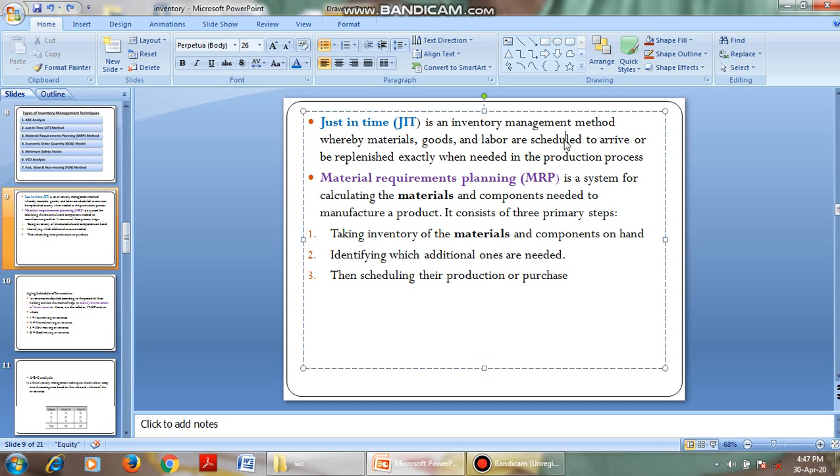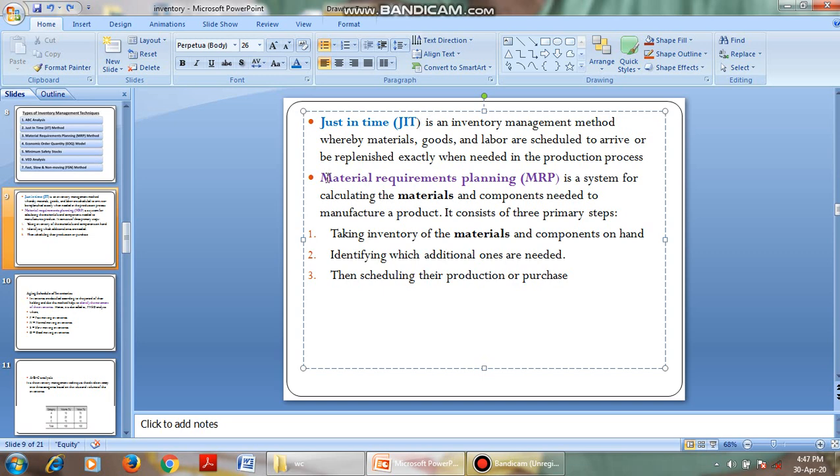We will purchase at the time. For example, if you want the raw material by December, you plan accordingly and get the raw material by December itself. You are not supposed to purchase in October or August, because then the raw material is wasted. That is called just in time. Whatever time it requires material, it will get the material.